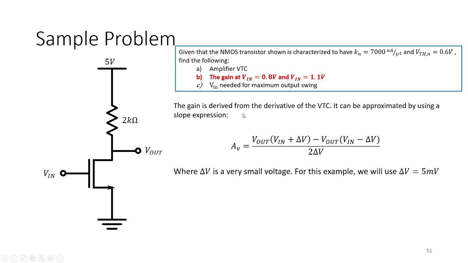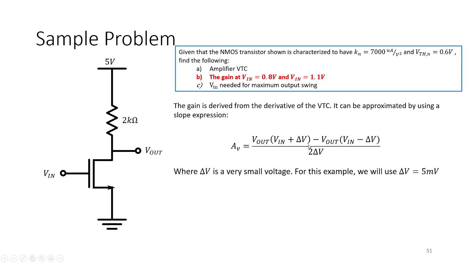So how do we do this? So remember, the gain is the derivative function, right? So what we do is we define a certain value, delta V, a very, very low voltage, because remember, when we find derivatives, we want to minimize this delta V and find the tangent line.